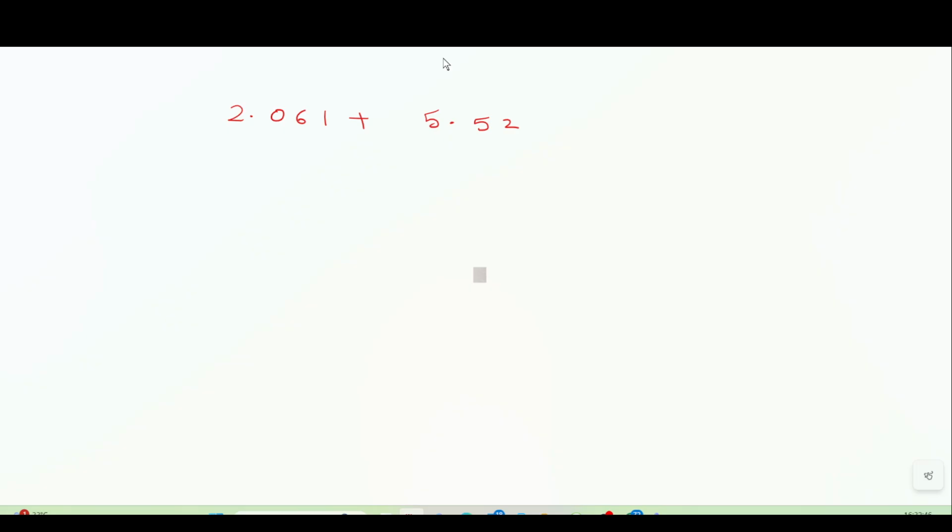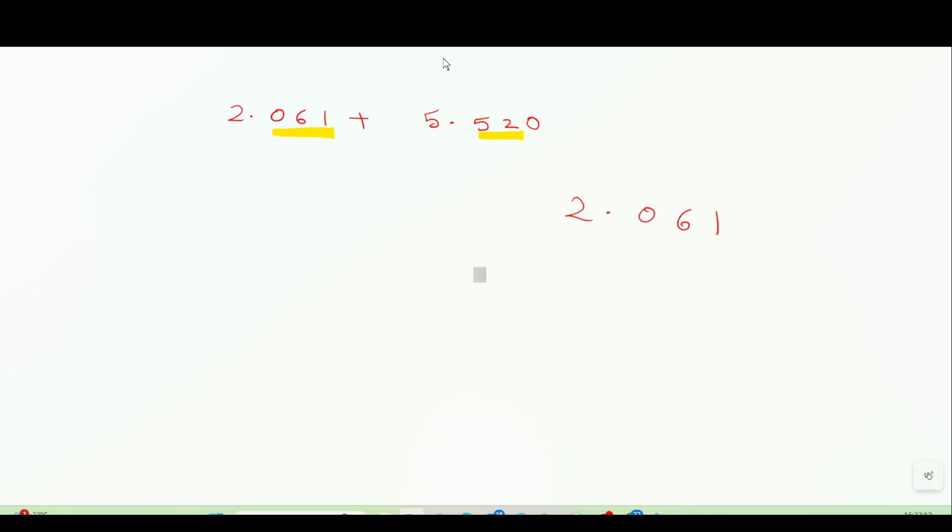Whenever you have a decimal addition or subtraction question, make sure the decimals are equal: here you have 3 digits after the decimal point, but here you have 2. So make sure these are equal.